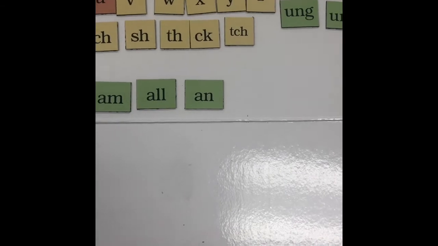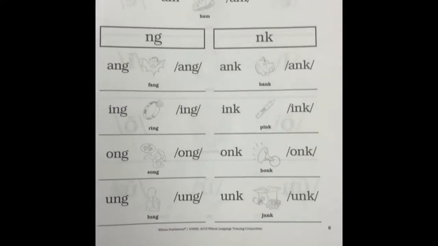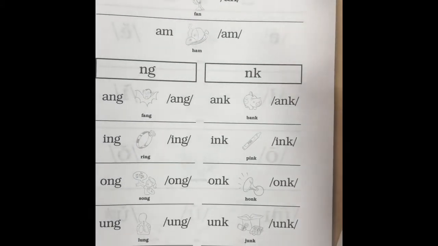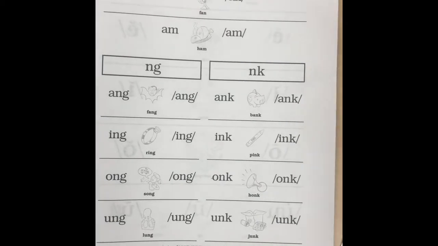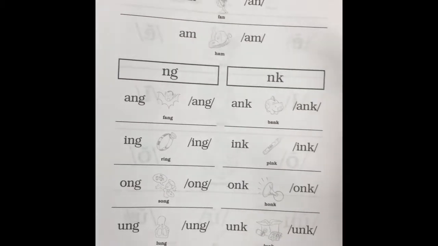But in your student notebook, remember that's the one with the castle? If you turn to page 5, there's a whole page of glued sounds that shows you what each sound sounds like, okay?